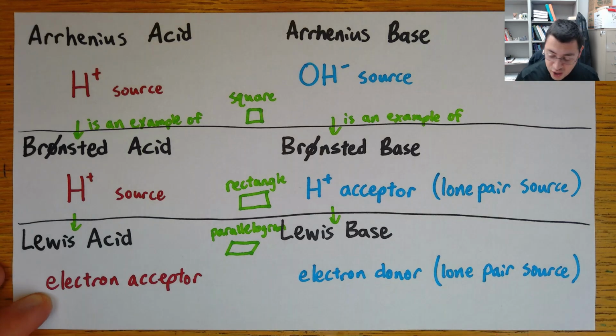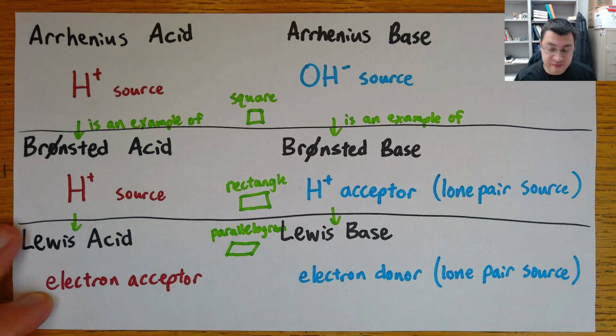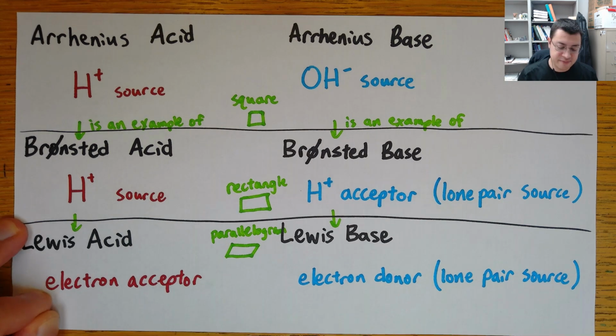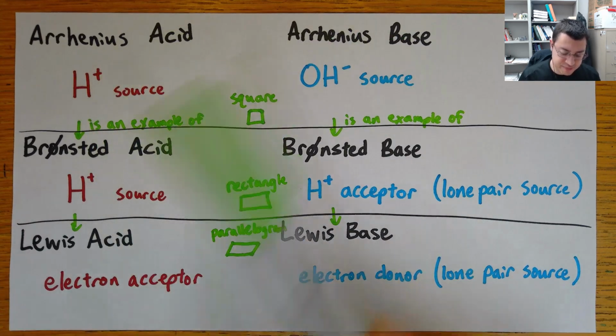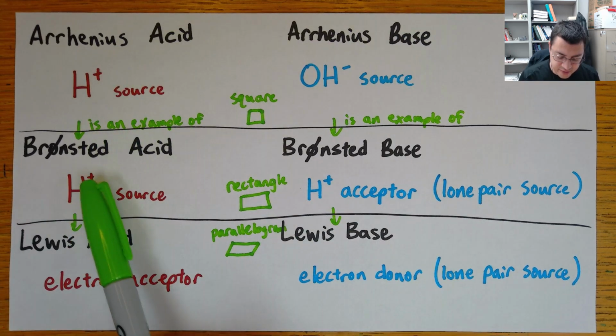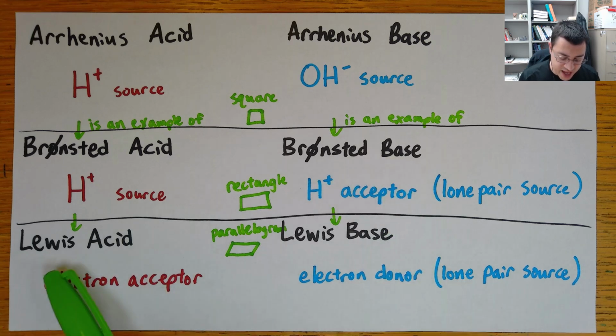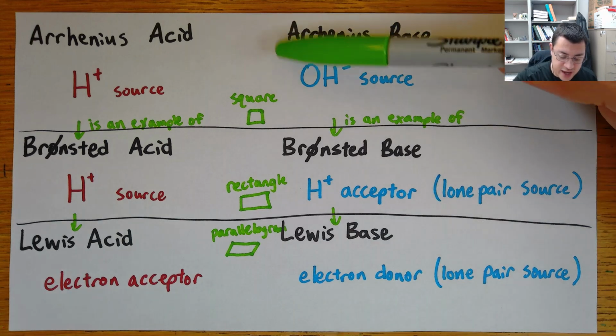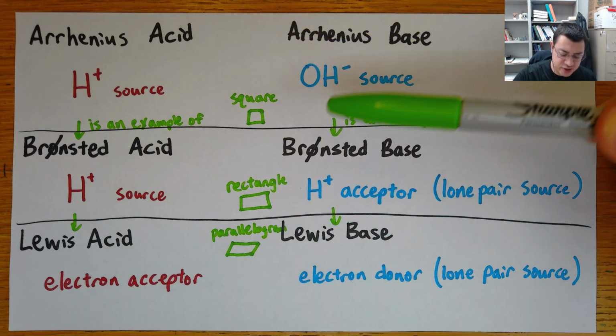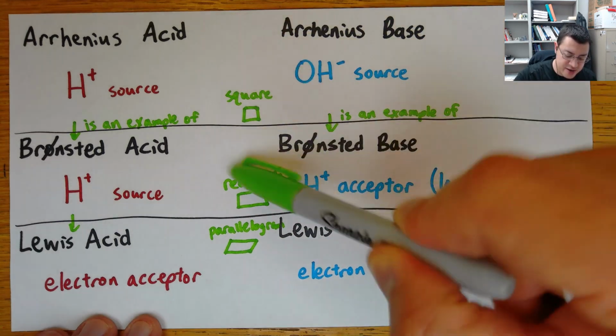All right, so here's our acid-base vocabulary. We have three different categories of acids and bases: Arrhenius acid, Arrhenius base, Bronsted acid, Bronsted base, Lewis acid, Lewis base. This is the order that acids and bases, in my experience, are usually taught in, from top on down.